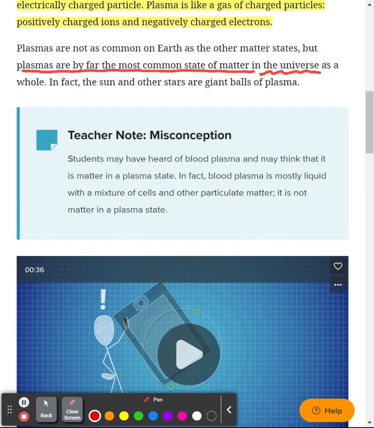Okay, side note. Although plasma is not too common on Earth, we don't see a lot of it, it is the most common state of matter in the universe.